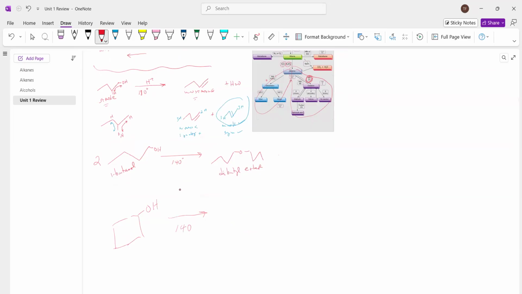And at 140, we're going to form an ether. So that means the OHs are going to be the connecting point. So we're going to have that. So that would be a dicyclohexyl ether.